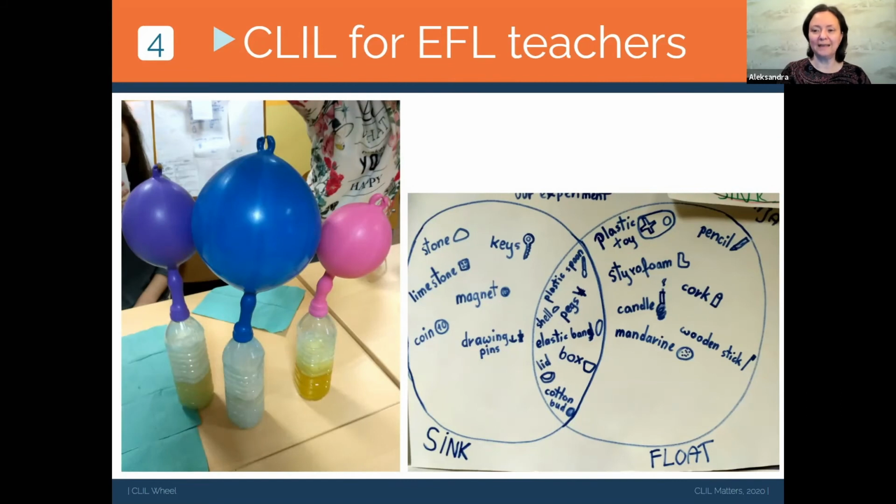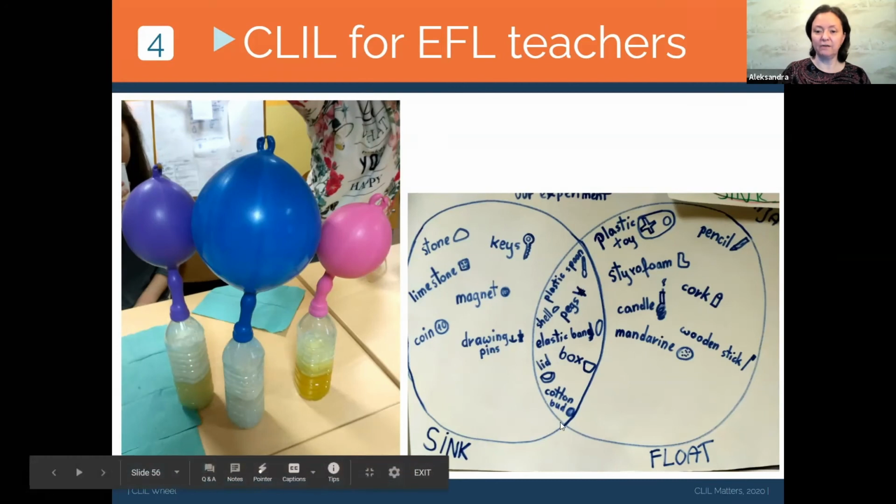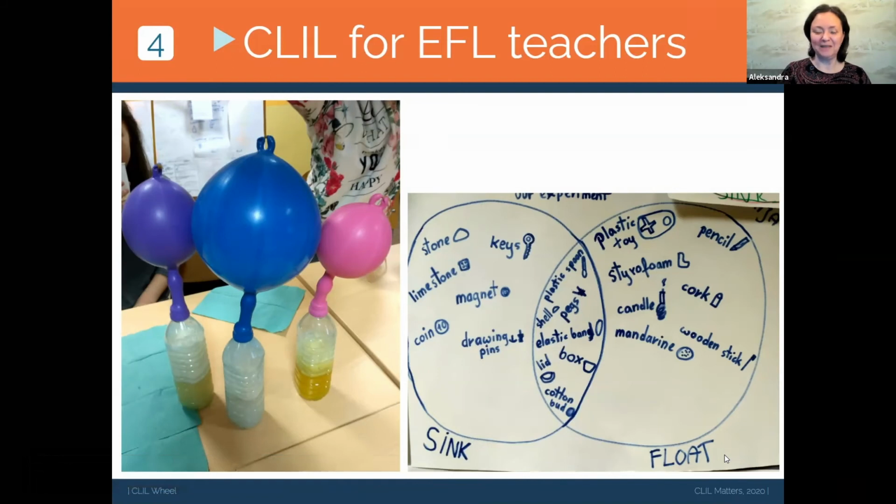And of course, then we had a big bowl of water. There was a lot of fun. The students had to test and check what happens. And the product is this Venn diagram, and you can see there are some objects that are in between, depending on different situation. Sometimes they floated, sometimes they sank.